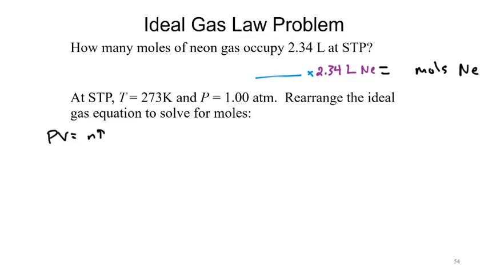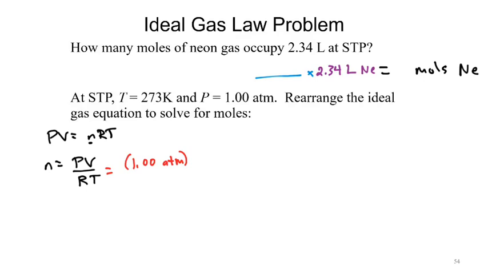So PV equals nRT. This is one of those things where you might be selective and stop listening to me. That's okay. I want to solve for moles. Well, moles was that n, so I want n equals PV over RT. Now I could start to sub stuff in here. The pressure was 1.00 atmospheres.